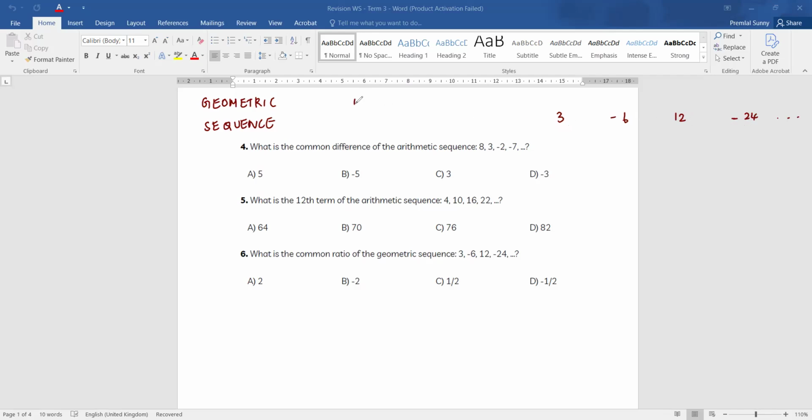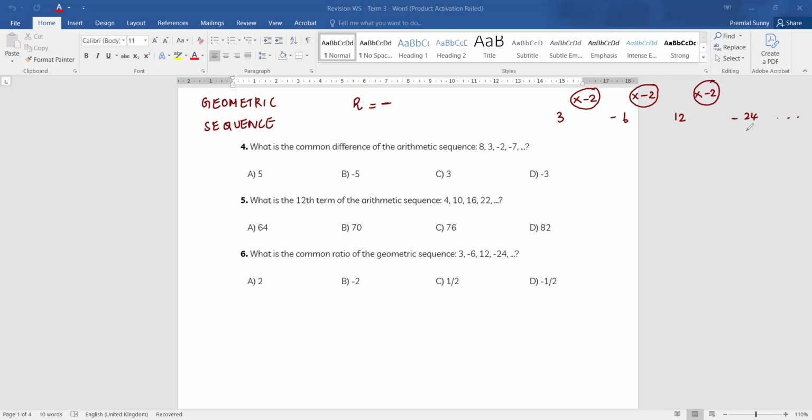So in this case, the common ratio, which we represent by the letter R, will be a negative number. Now we can see 3 times negative 2 is negative 6. Negative 6 times negative 2 is 12. 12 times negative 2 is negative 24.